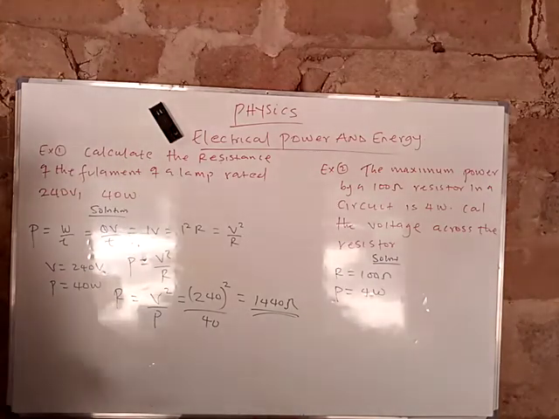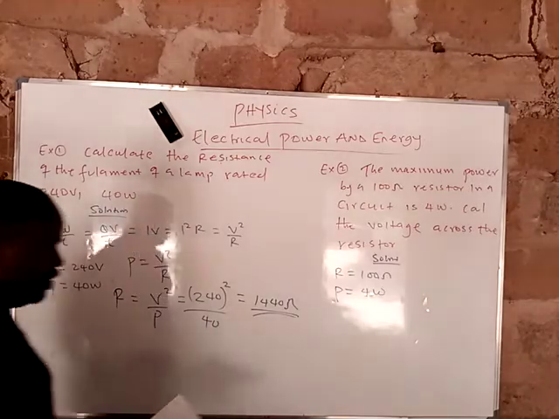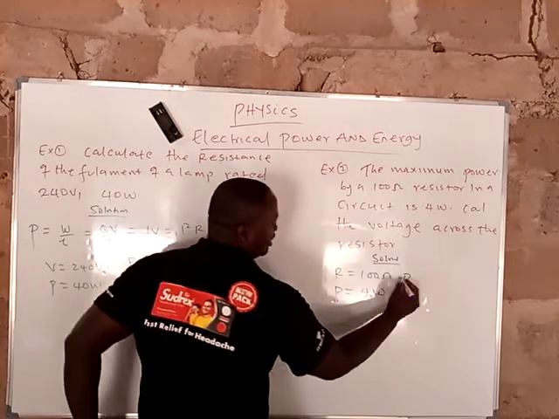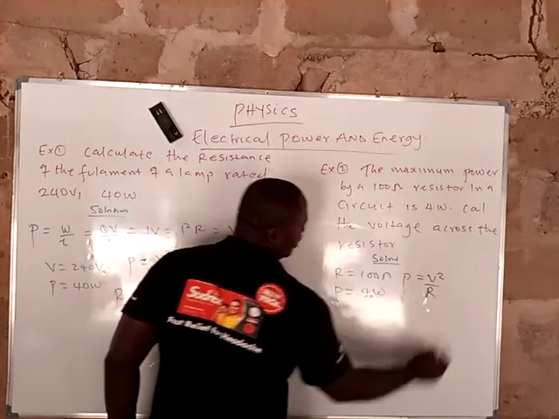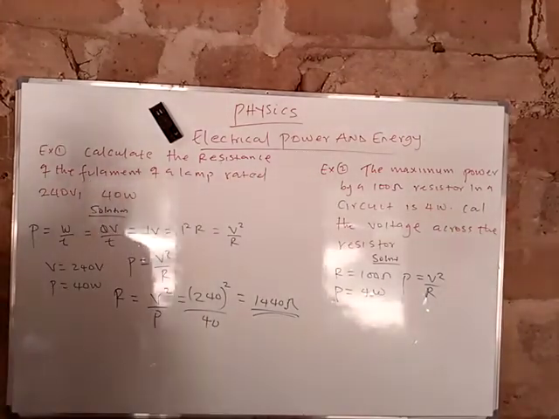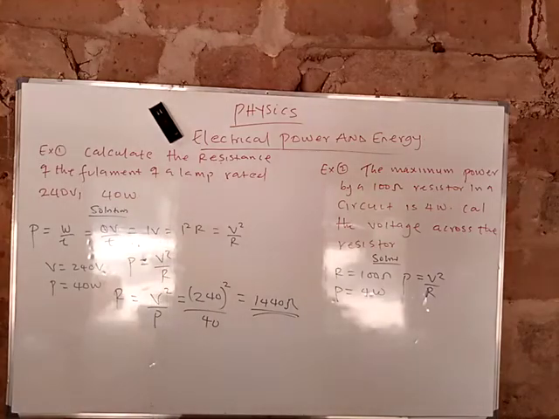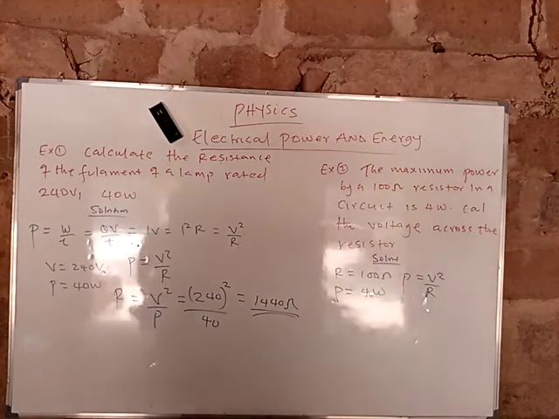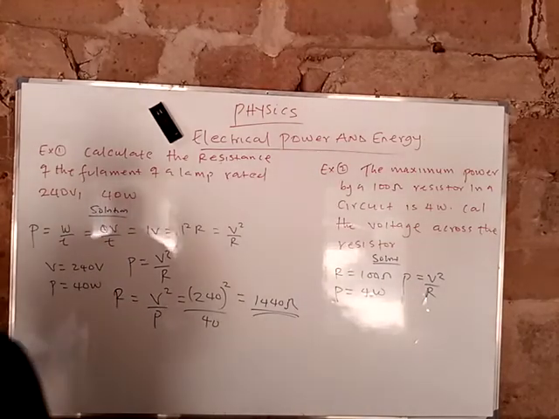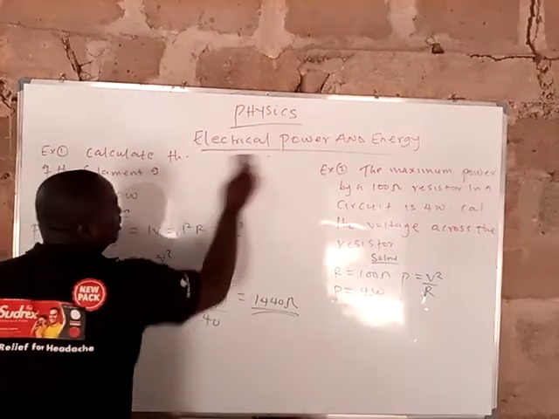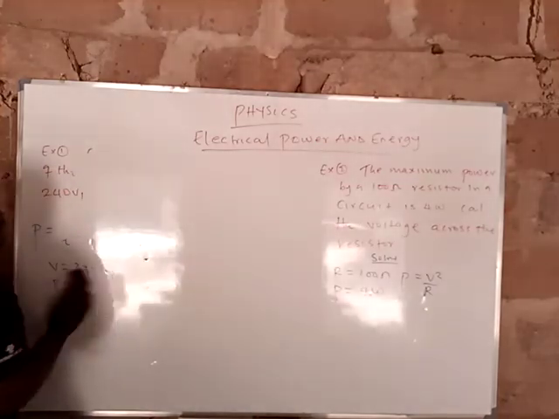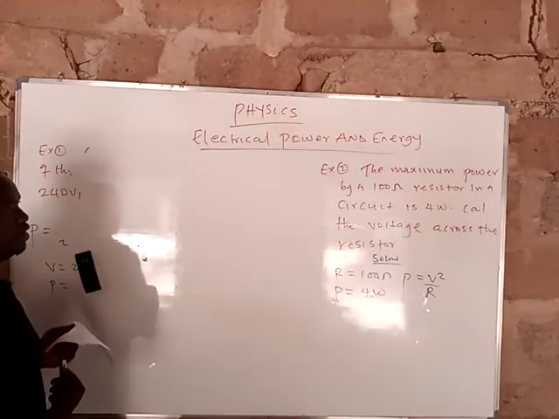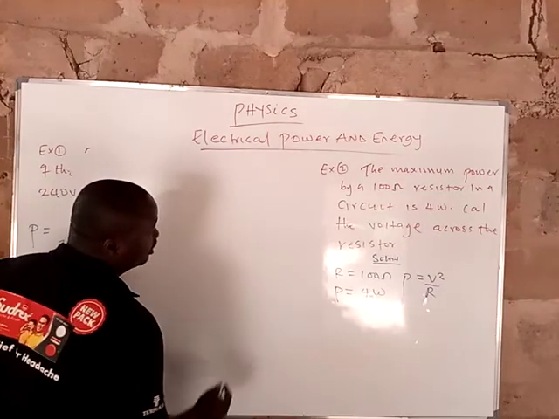It's still this formula because current is not given. So you have that power is equal to V square all over R. All I need to do right now is make V the subject of the formula.